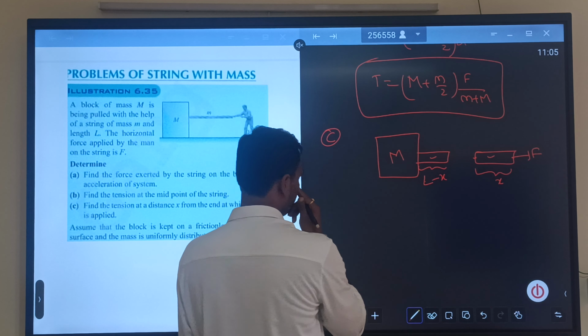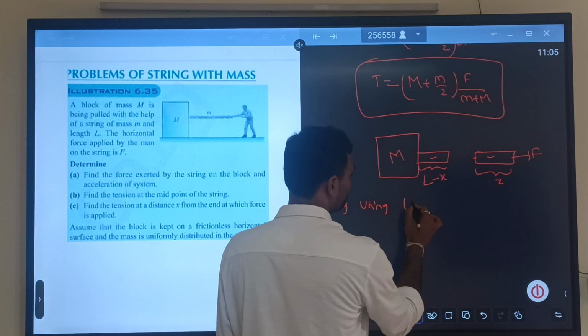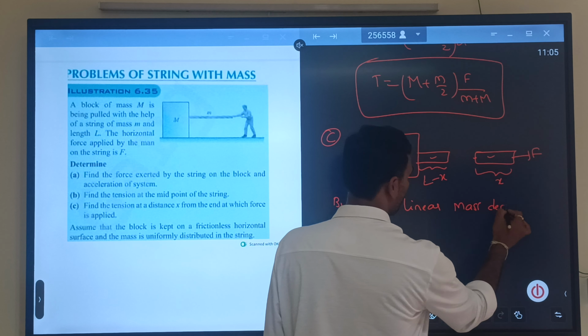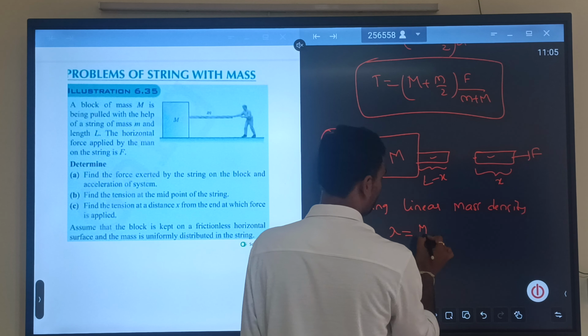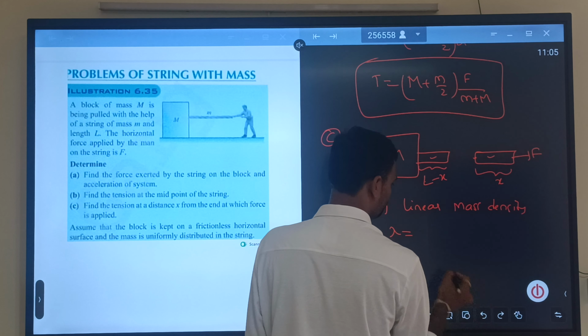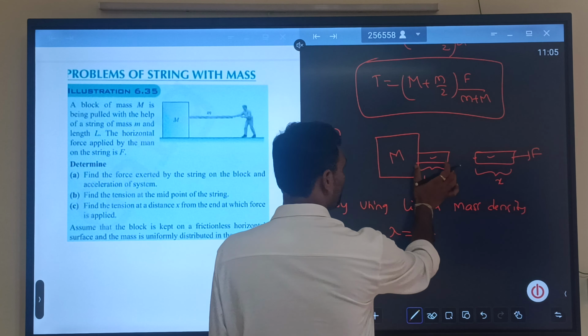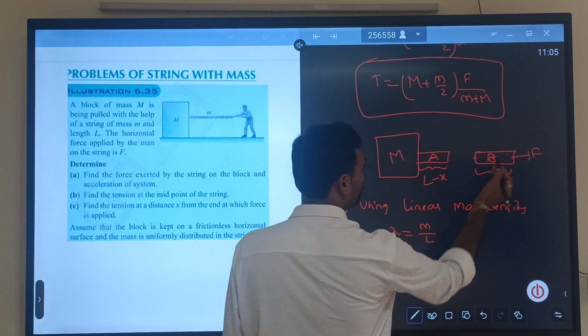For that purpose, we can use linear mass density. Lambda is equal to total mass by total length, right? Let us say this is the A part and this is the B part.